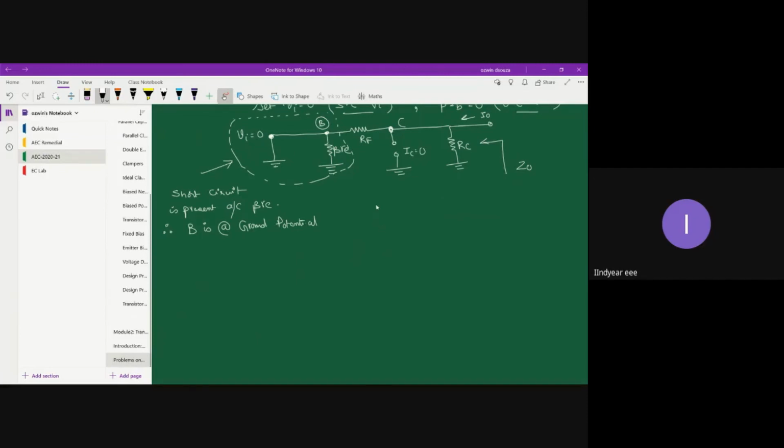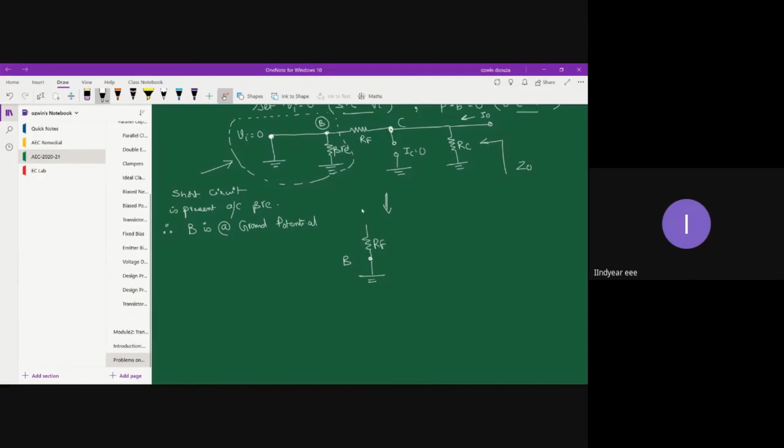Taking that into consideration, let me rewrite the circuit. The entire circuit within the shaded region I'm going to replace with a short circuit, so the base is at ground potential. This is my base terminal, and I will keep it at ground. This same base is then connected to RF as well, so let me connect RF here.